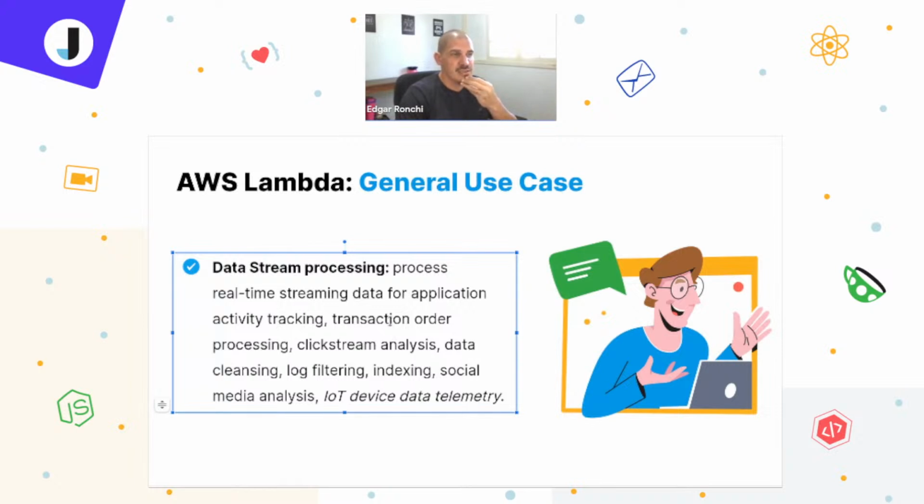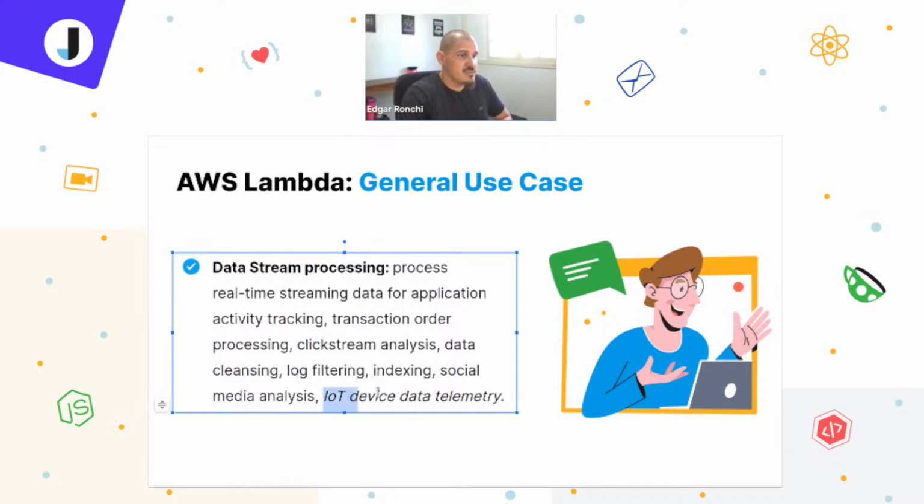You can process orders in an asynchronous way. You can do data cleansing, which is very interesting when you need to refine your data. Maybe analyzing logging, making indexes, social media, as I talked about before.